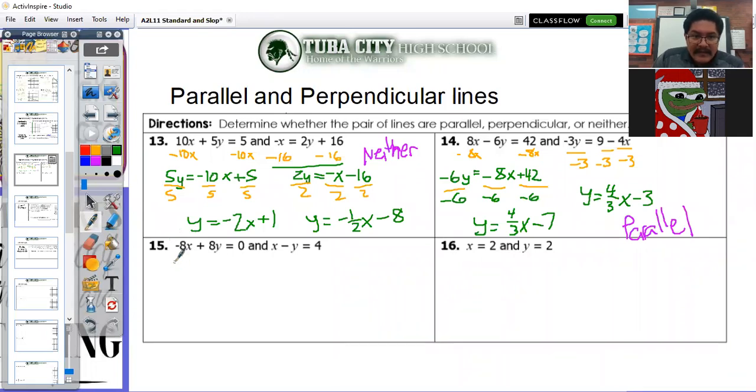Let's see what we got here. Looks like I'd like to divide everything by 8. I don't know if that's the best idea to do this. Let's stick with the way we normally do things, and I'm going to put it in order first. So I'm going to add 8x to both sides, and here I get 8y equals 8x, and I'm going to divide both sides by 8.